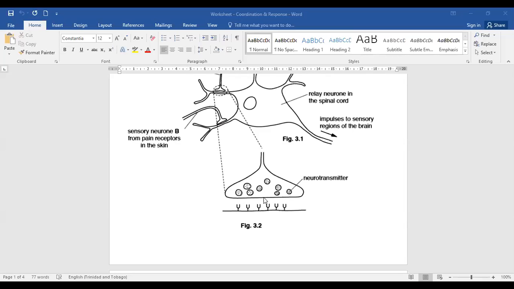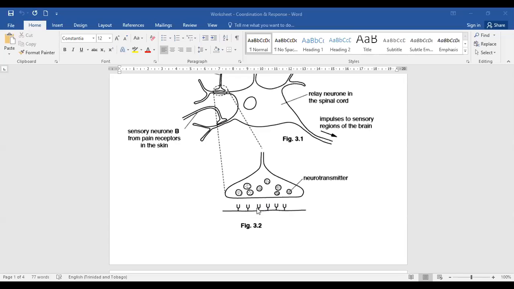And once they move to the end, there are charges that will cause the vesicles, these little circles here, to open up like a doorway to allow for the chemical transmitters contained in each one to be released. Once they are released, they will go and bind to receptors on the other neuron, okay?